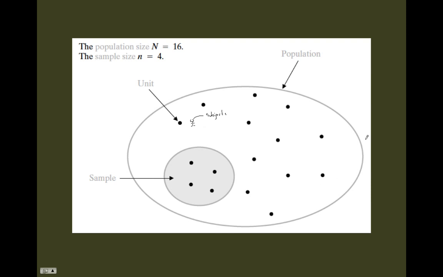In this particular example, there are 16 objects in the population, and we're going to be taking a sample of size 4. And so this smaller group from the population is what we would call the sample.